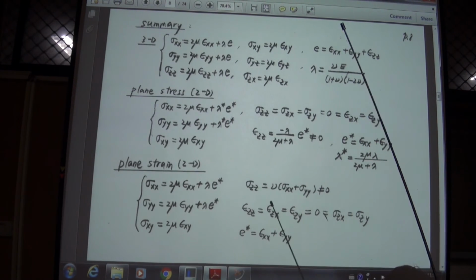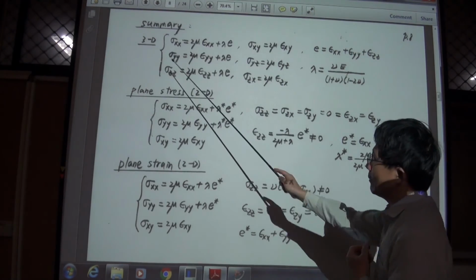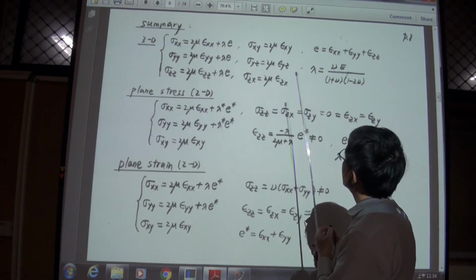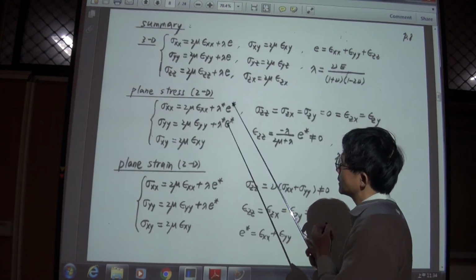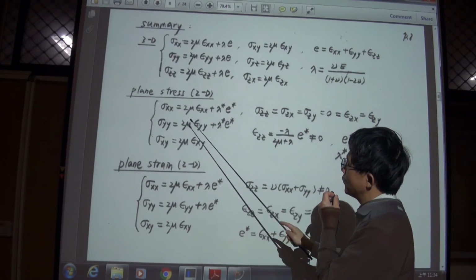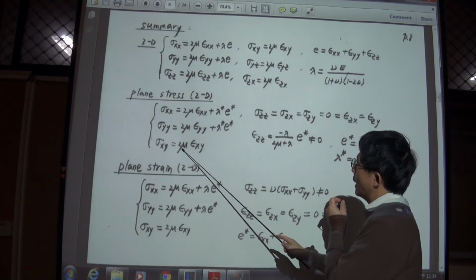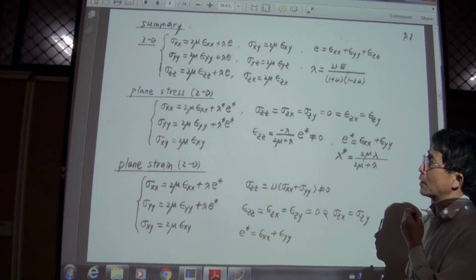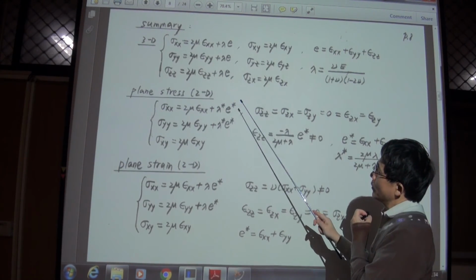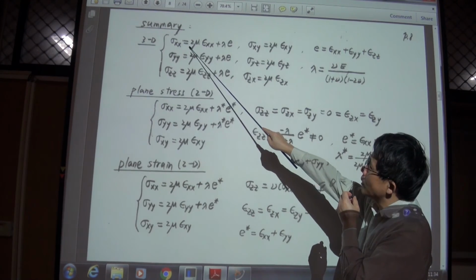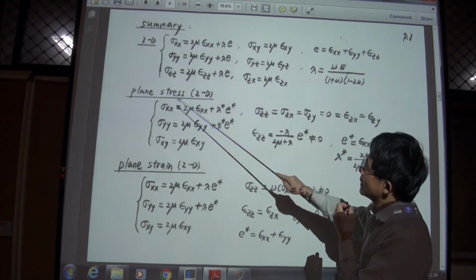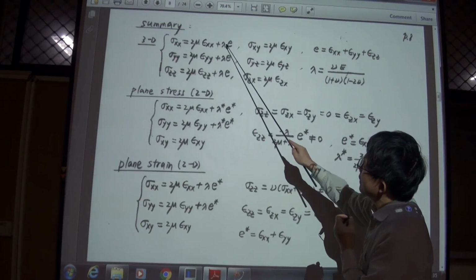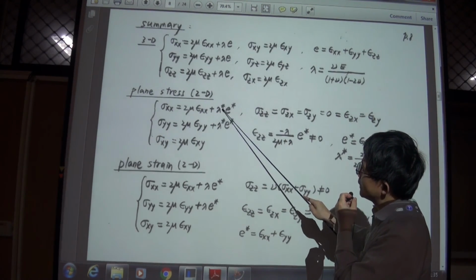Let us summarize the whole situation. For a 3-dimensional stress-strain relation, we have 6 equations, with e like this and lambda like this. For the plane stress situation, we have 3 equations. For the plane strain condition, we have 3 equations. And the outlook of the normal stress looks very similar, like this, and like this. We replace little e by little e star, and constant lambda by constant lambda star.